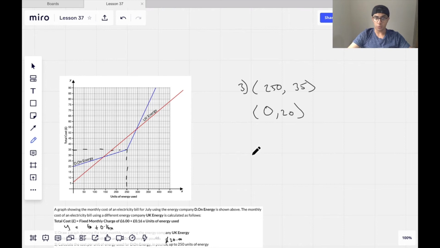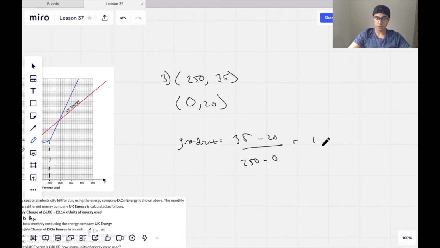The units per energy is the gradient, so we calculate the gradient: change in y, so 35 minus 20, over change in x, which is 250 minus 0. That's 15 over 250, which is 3 over 50, which is 6 over 100, which is 0.06.